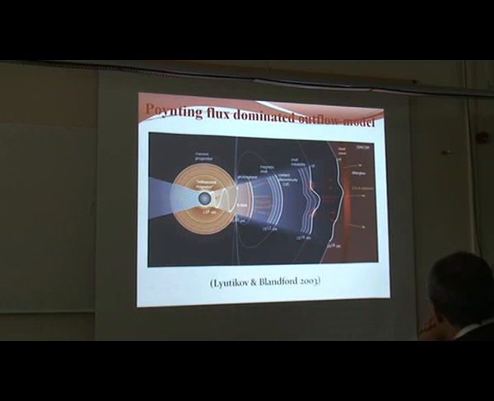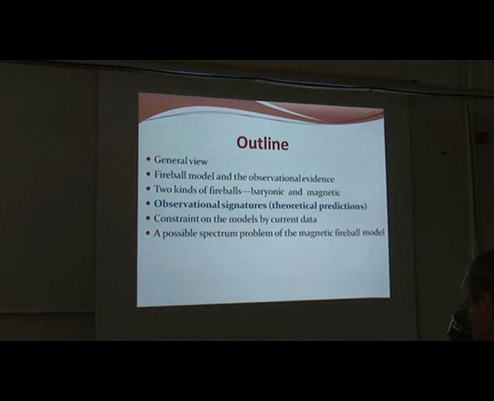I think their argument is that it's around the deceleration time, and that's when different parts of the flow come into causal contact, so that's where they expect most of the reconnection to take place. Because of the really different physical composition, people expect some signatures that can help us to distinguish between these two models.